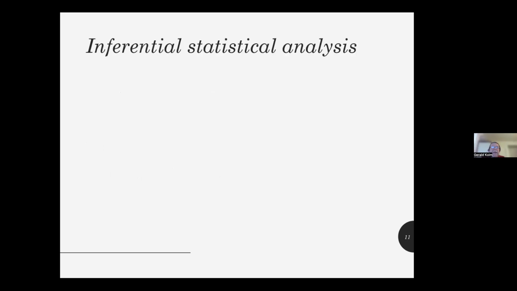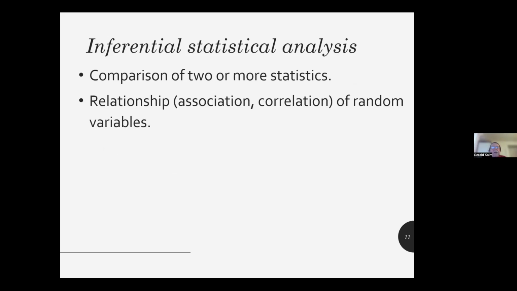In inferential statistical analysis, what we're going to do is compare 2 or more statistics, or look at the relationship, the association or correlation of random variables. Or we're going to do a prediction kind of study, where we have a prediction model and want to predict some particular outcome given a set of predictor variables, or what we call covariates.